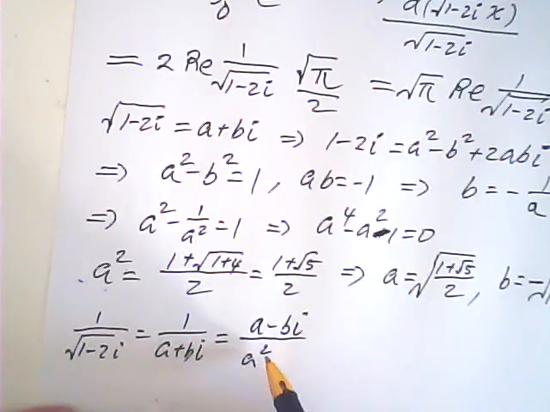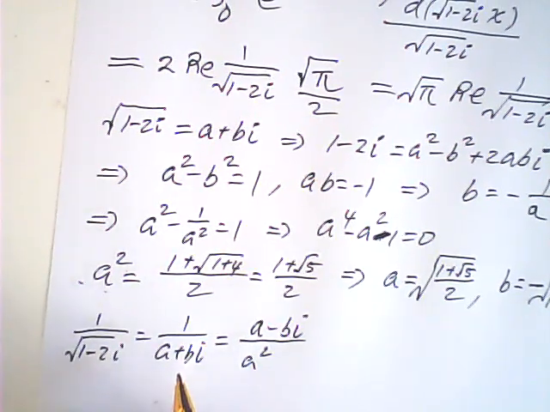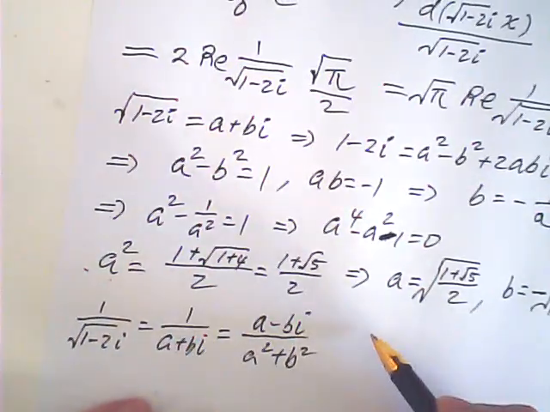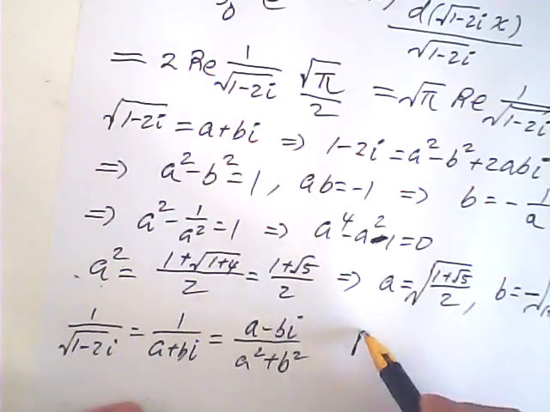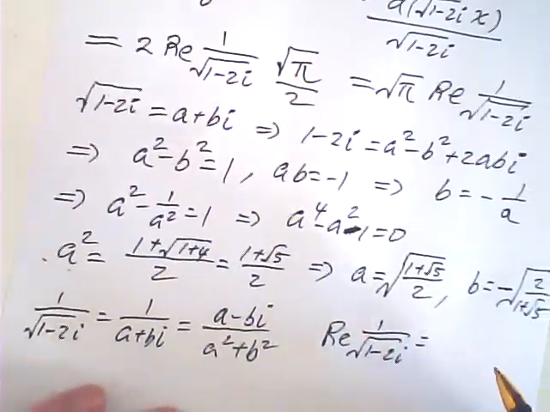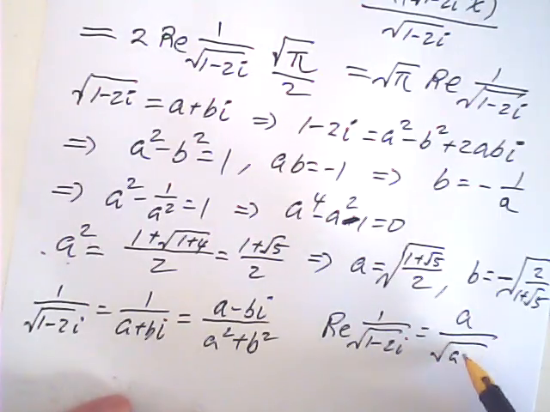So this is a squared, times this conjugate, minus this and plus. All right, good. So the real part of this is equal to a over this. It's equal to a over that.